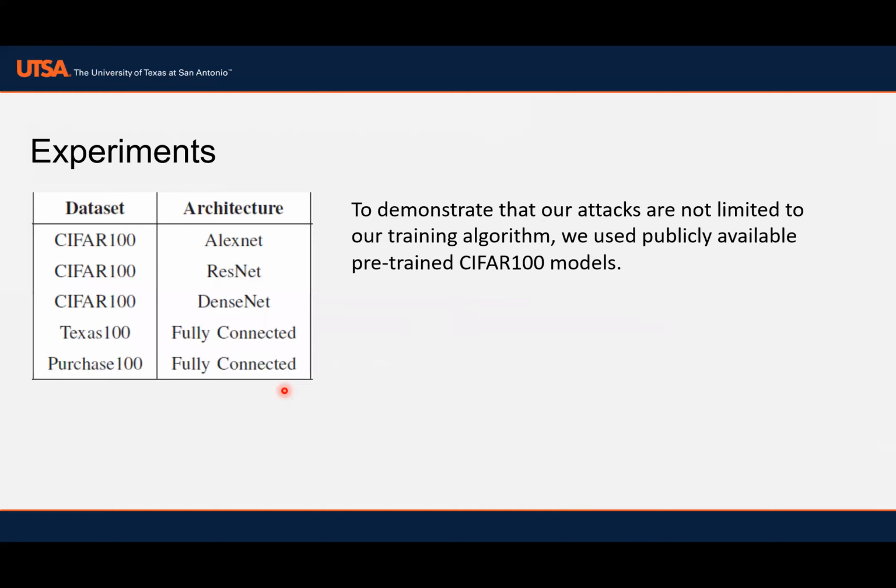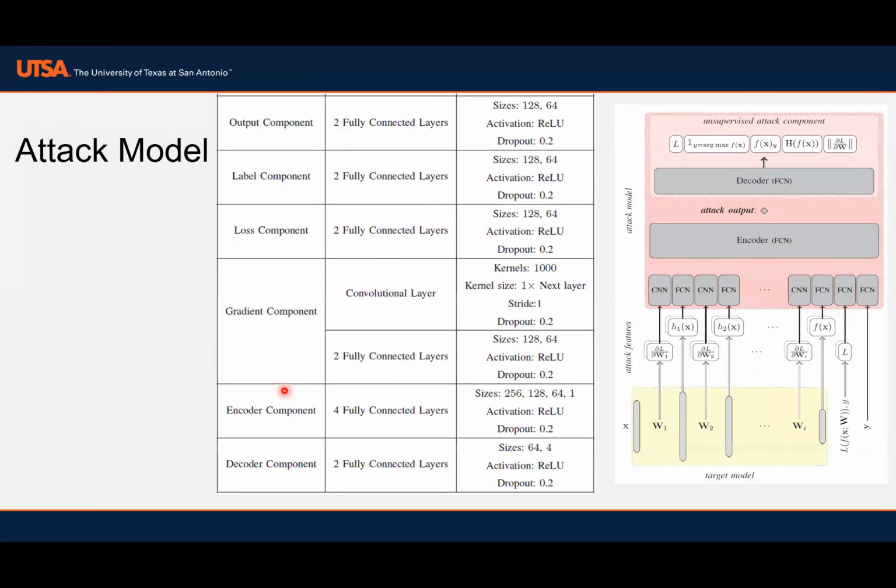Okay, here are the experiments. They used three data sets: CIFAR 100, Texas 100, and Purchase 100, to demonstrate our attacks are not limited in training. In our training algorithm, they also use public pre-trained models. And here is the attack model. They use this model to output a component fx.